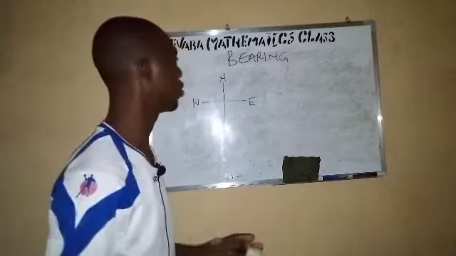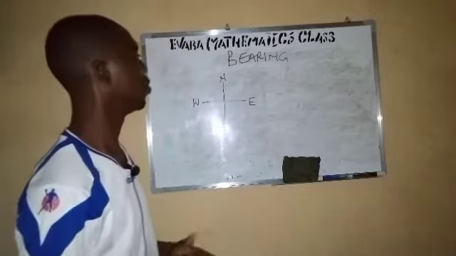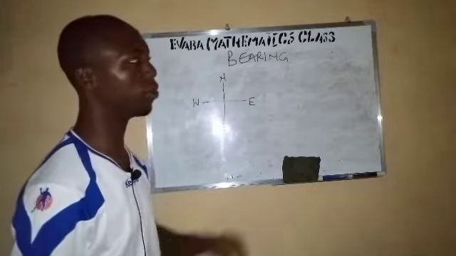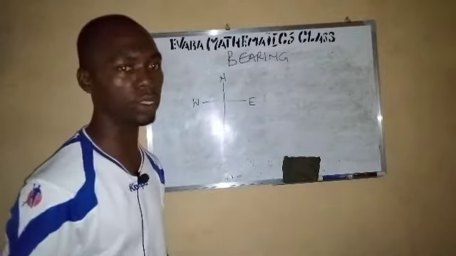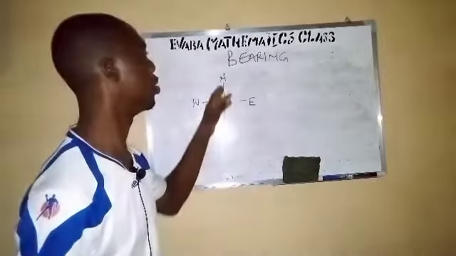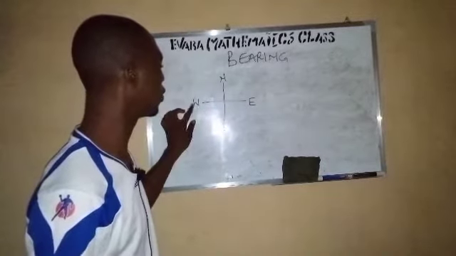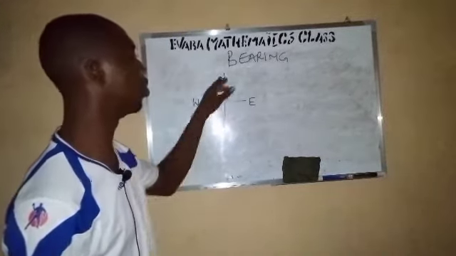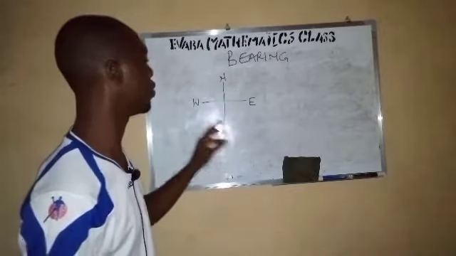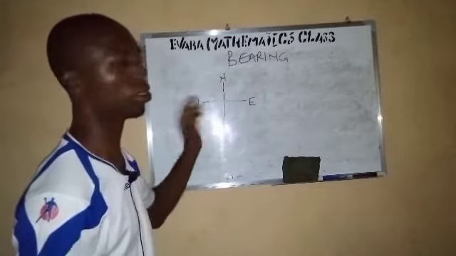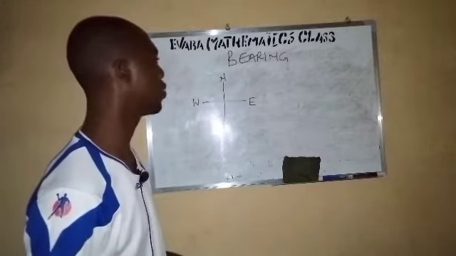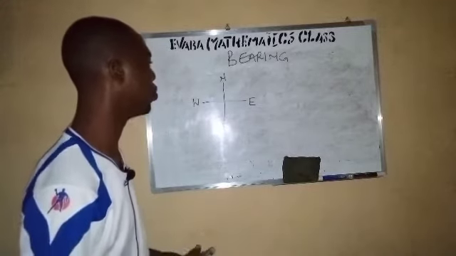We want to check the bearing of a point from another point. It can be due north, due east, due west, due south, or northeast, southeast, southwest, and northwest. Those are the 8 major points that we use.